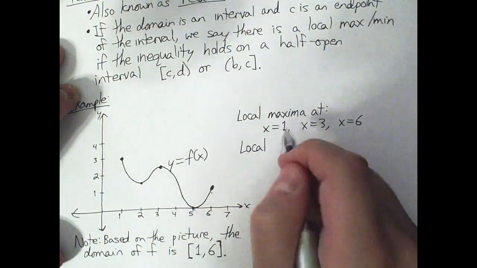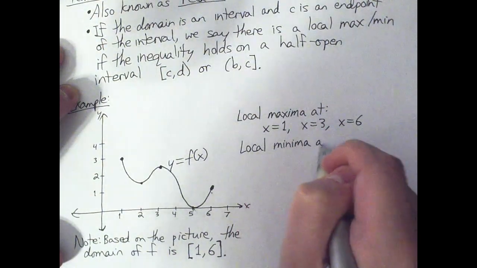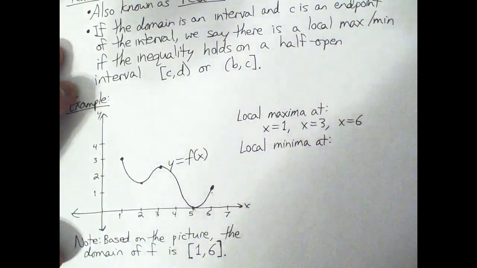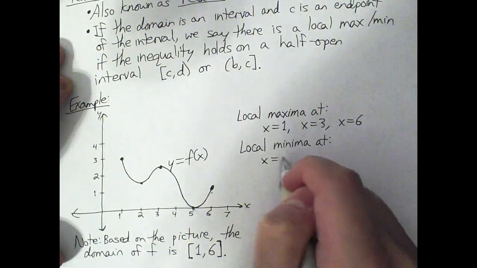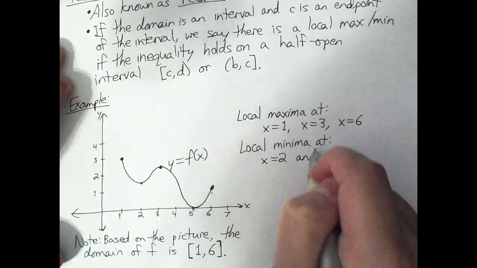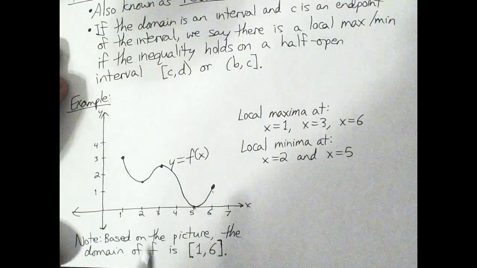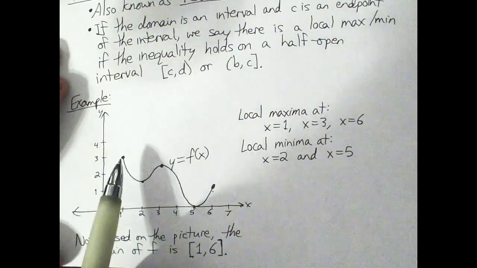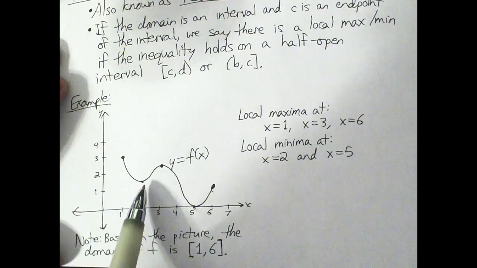How about local minima? So I think there's more than one of these as well. What do you think? There's two of them. This is going to happen at x equals 2 and at x equals 5. Because if we look at the curve, you can see that at x equals 2, we are at the lowest point of this valley.